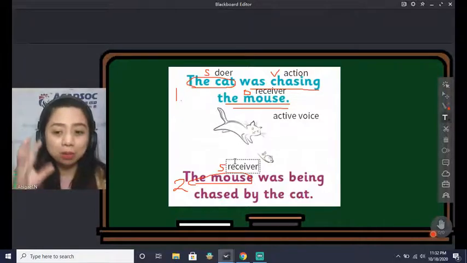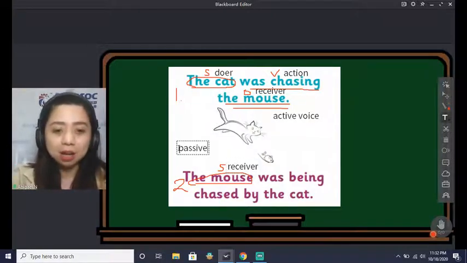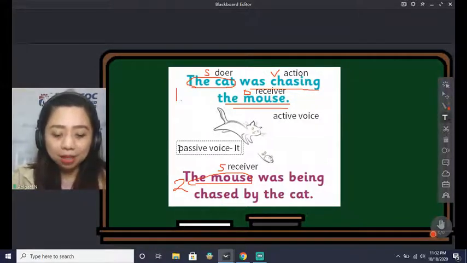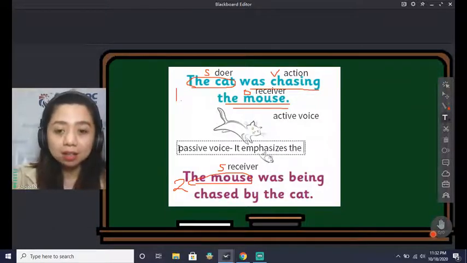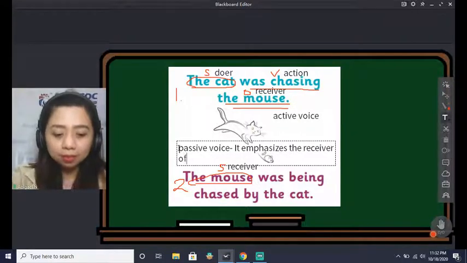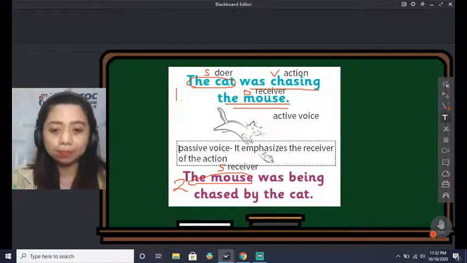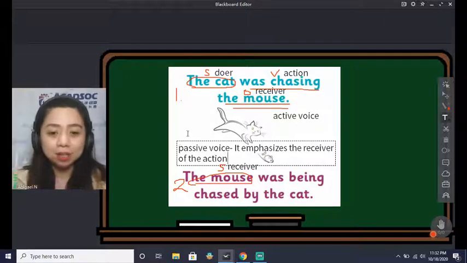But we just placed it at the beginning because that's passive voice, class. Passive voice emphasizes the receiver of the action.